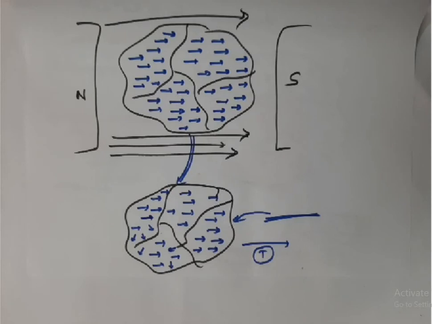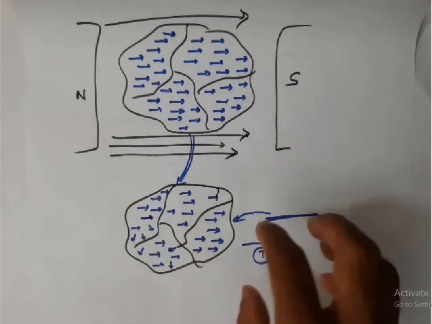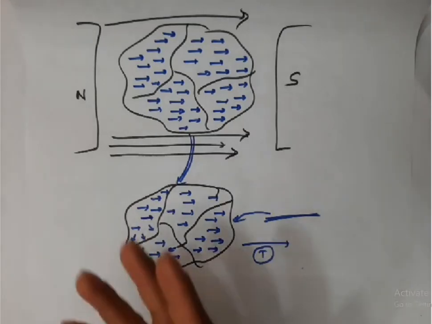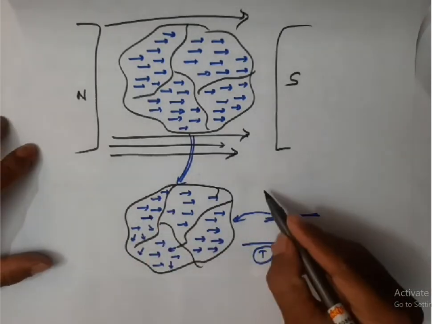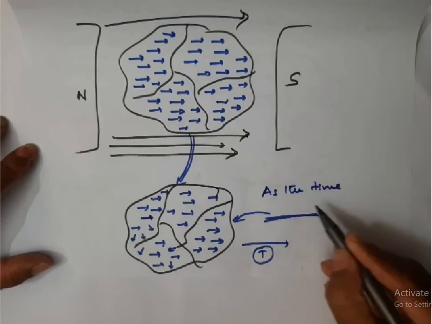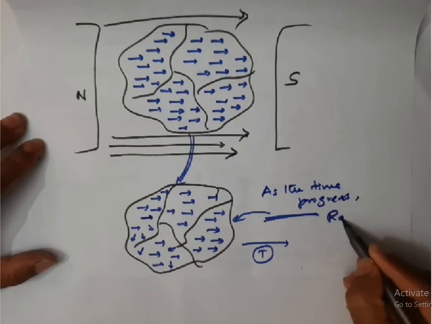Because of thermal energy, these oriented magnetic moments start to disorient, or become random again. So randomization starts as the time progresses.